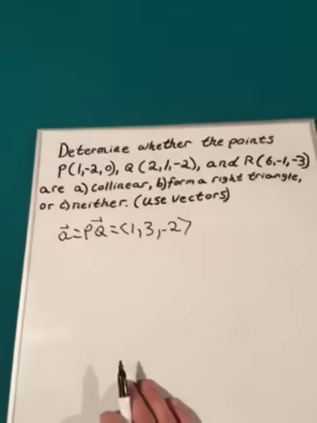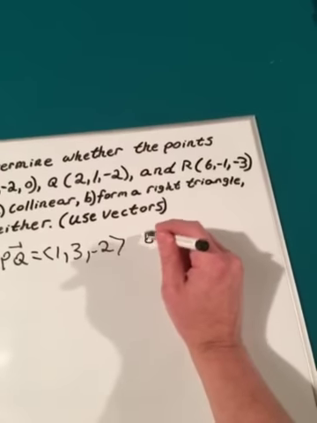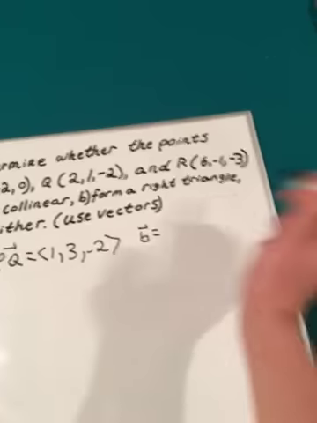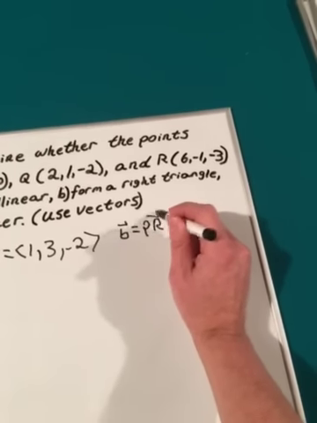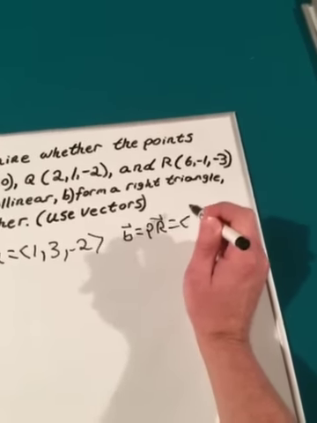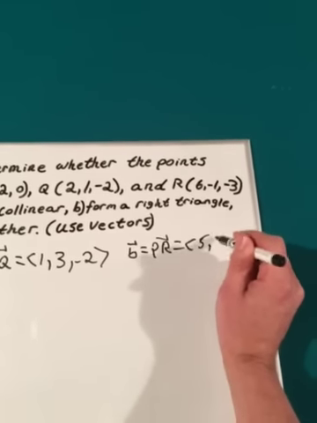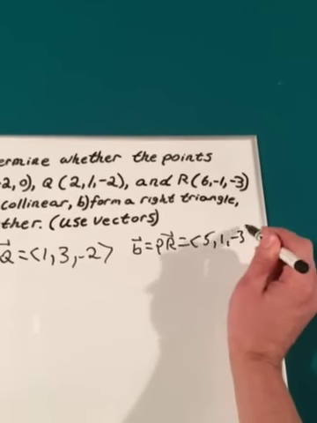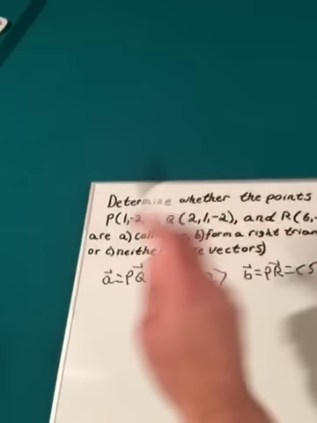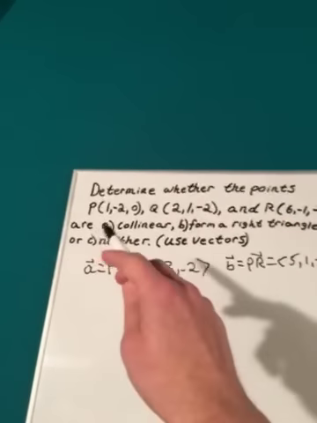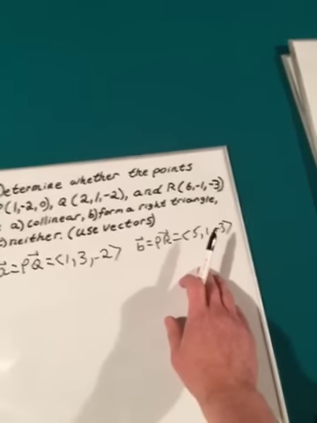How about we let B vector be from P to R? So B vector, let's say we let that be PR vector, which equals what? Well, I think it's 5, 1, minus 3, right? Just take our R minus our P. So 6 minus 1, 1 minus negative 2, and then minus 3 minus 0. Gives us our B vector.